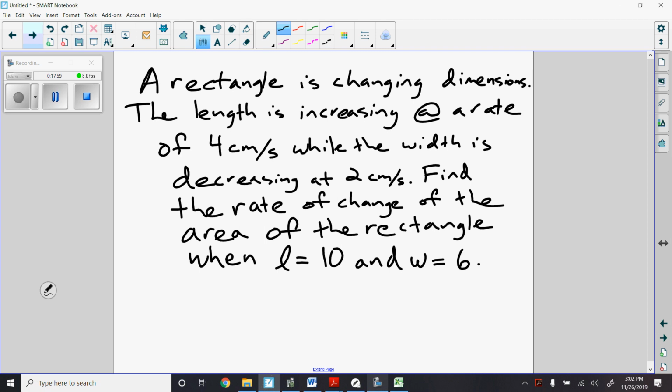A rectangle is changing dimensions. The length is increasing at a rate of 4 centimeters per second, while the width is decreasing at a rate of 2 centimeters per second. Find the rate of change of the area of the rectangle when the length is 10 and the width is 6. Throw units on there, centimeters.